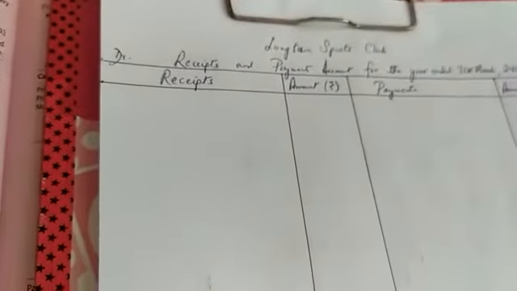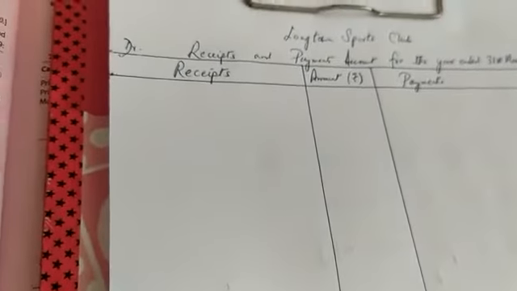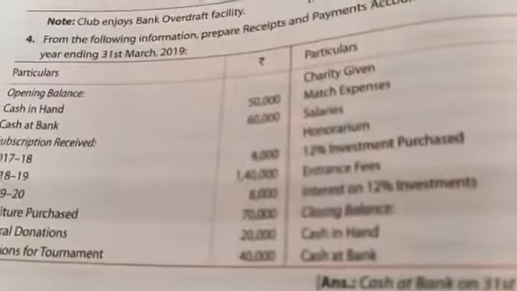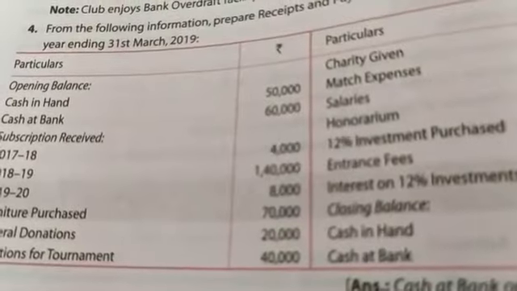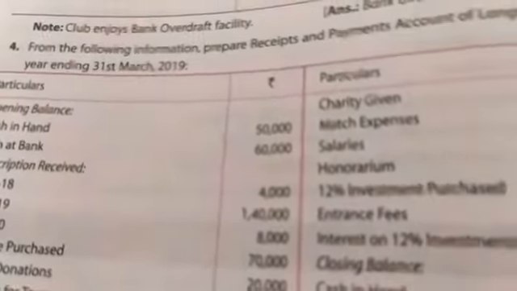The receipt and payment account always starts with an opening balance, and the opening balance will be the opening balance of cash in hand or cash at bank or both. As for this question, you are given opening balance, cash in hand, cash at bank. So we have both, and we are going to record both of these.